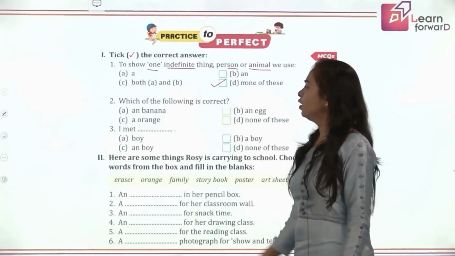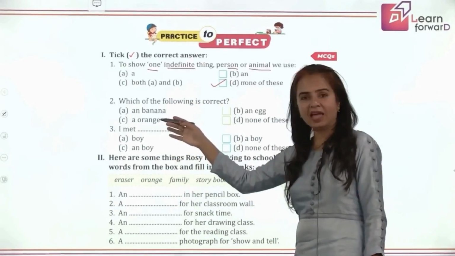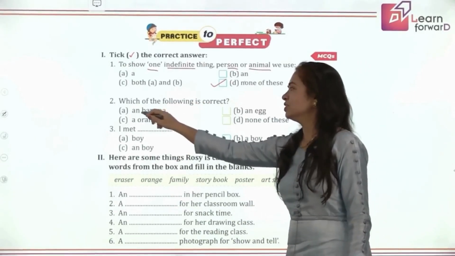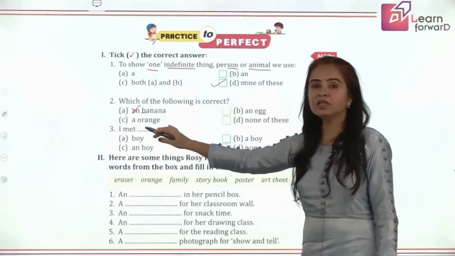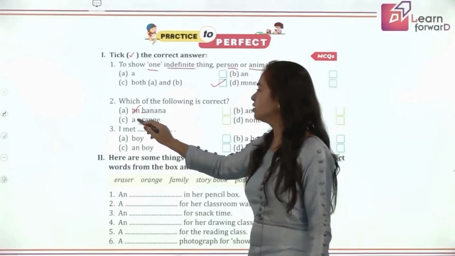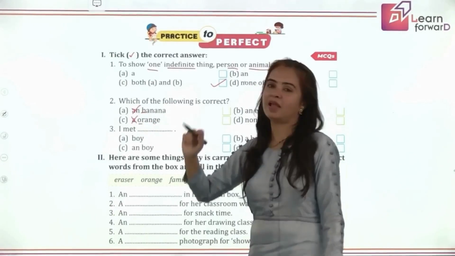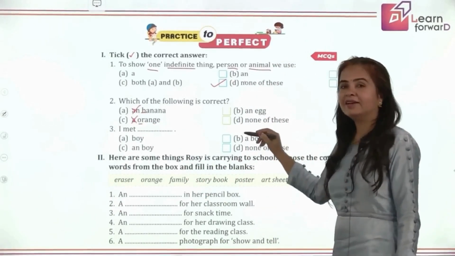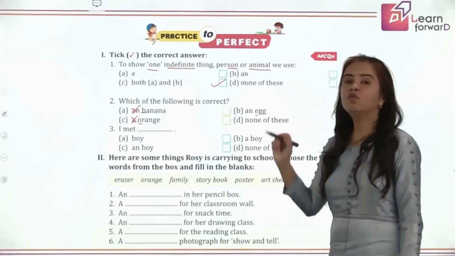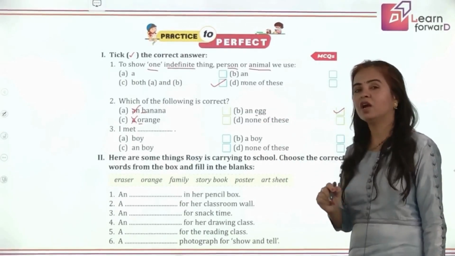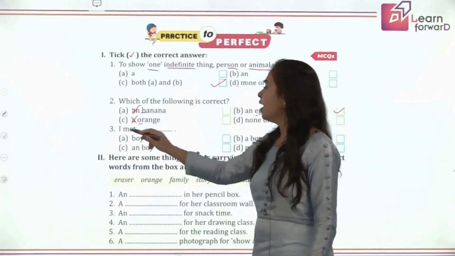Which of the following is correct? Do we say "an banana"? This is a consonant sound, so "an" is wrong here. "A orange"? No, this is a vowel sound. So what will come here? "An". An egg? Yes, that is perfect because it's a vowel sound and we are talking about singular.